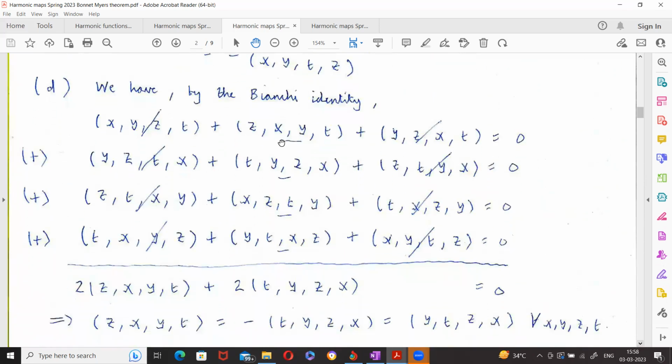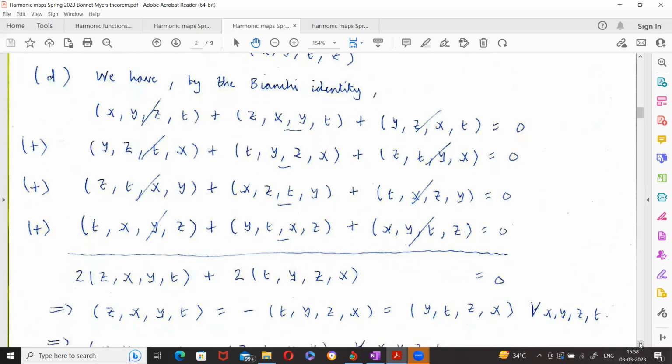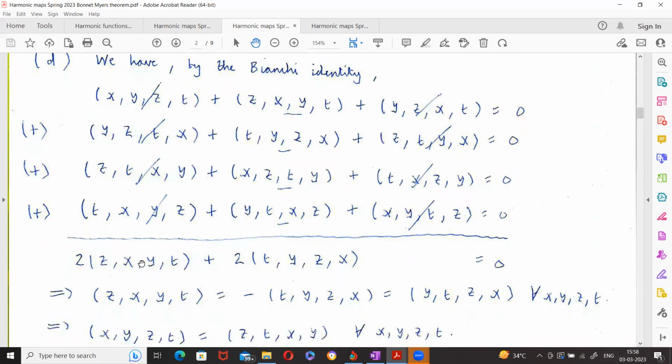What you do is you write out the Bianchi identity 4 times, permuting the vectors, and then you add it all up. You'll see that you'll have a lot of cancellations, and what will remain, using the earlier properties, is something like 2[Z,X,Y,T] plus 2[T,Y,Z,X] equal to 0.